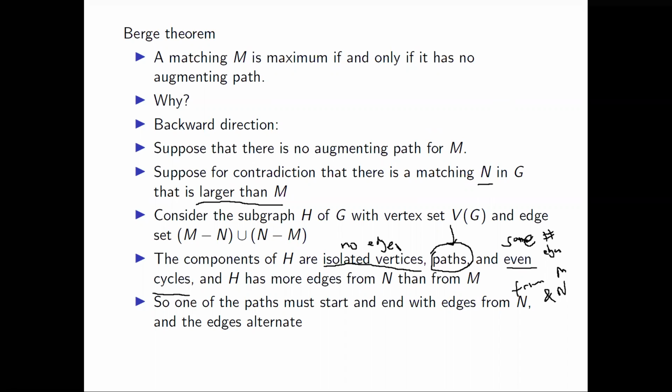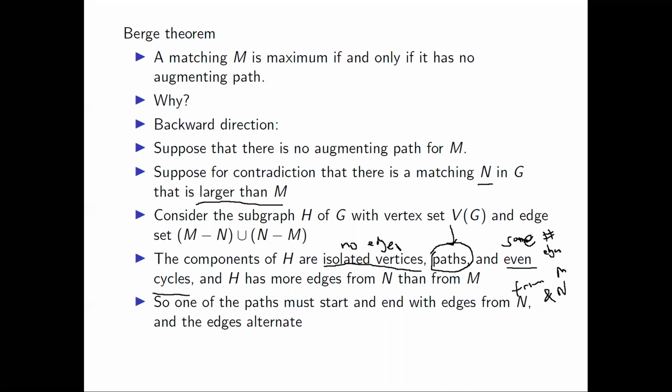The even cycles can't have more edges from N than from M because they have the same number of edges from both M and N. And that means the only place where we can have more edges from N than from M is on these paths. And that means that at least one of the paths must start and end with edges from N.